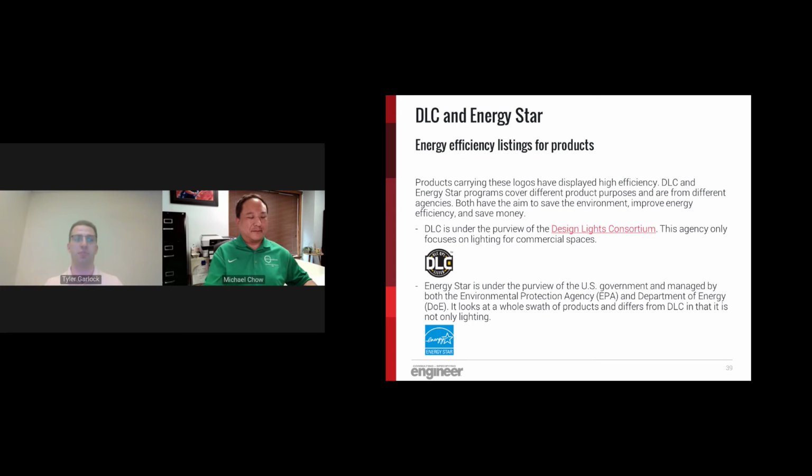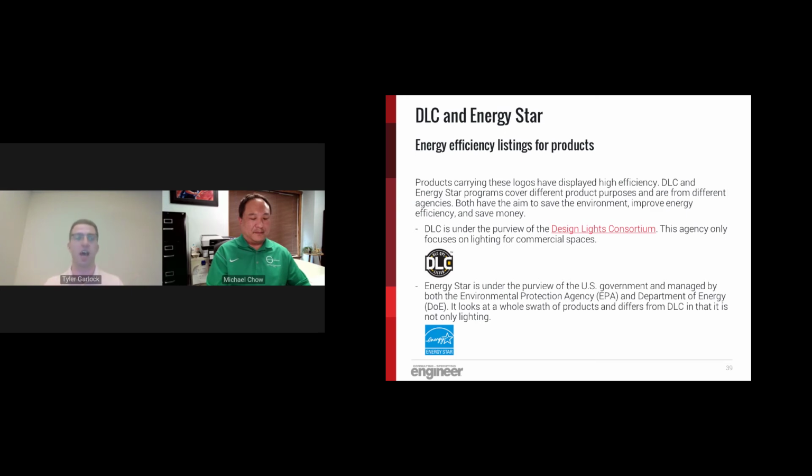So Energy Star is put on by the U.S. government, and it's managed by the EPA as well as the Department of Energy. They focus on a whole broad swath of different components of the energy world. So refrigerators, TVs, all that. You'll see that Energy Star label.